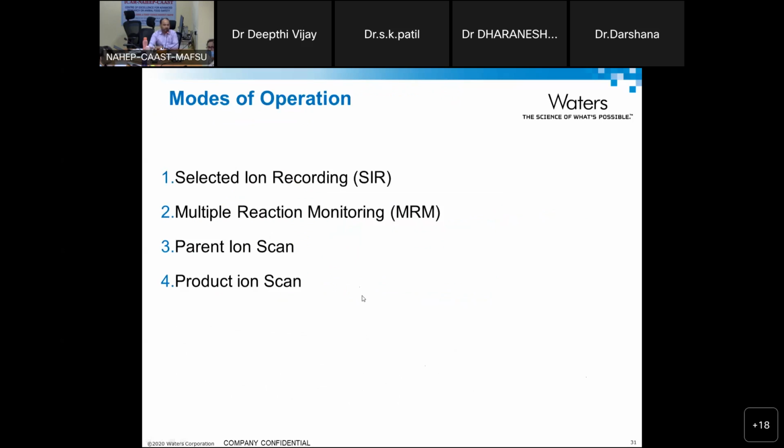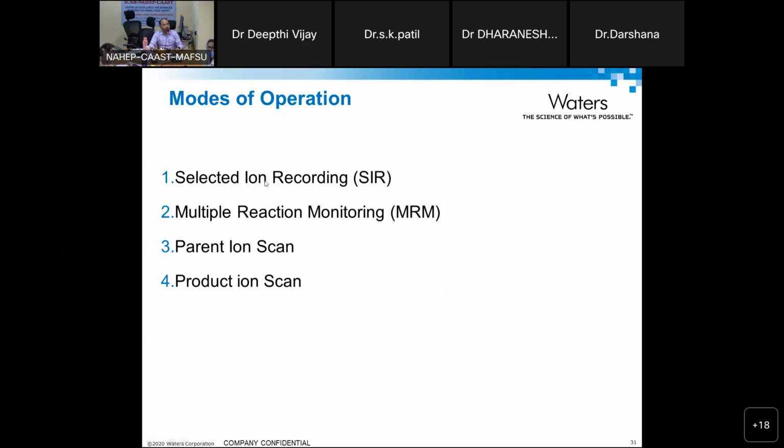So there are different modes of operation by which a mass spectrometer can be used. The first is selected ion recording. The second is multiple reaction monitoring. The third is parent ion scan, and the fourth is product ion scan.